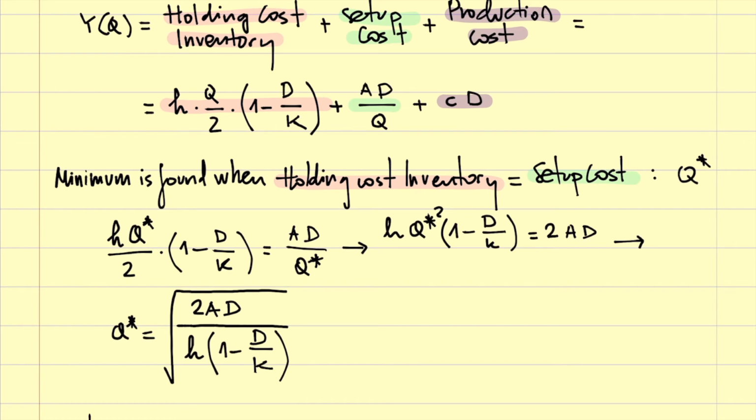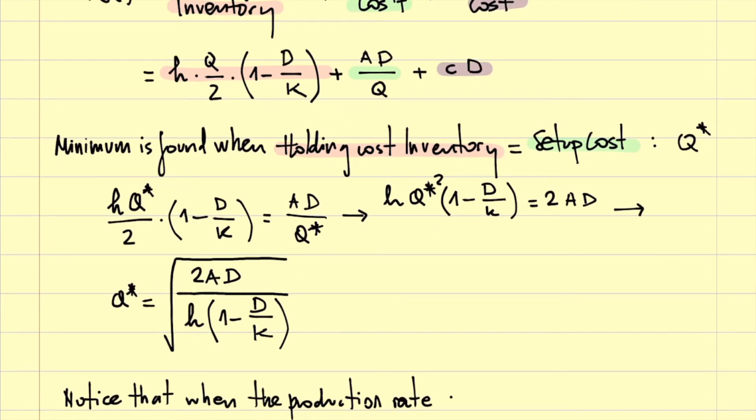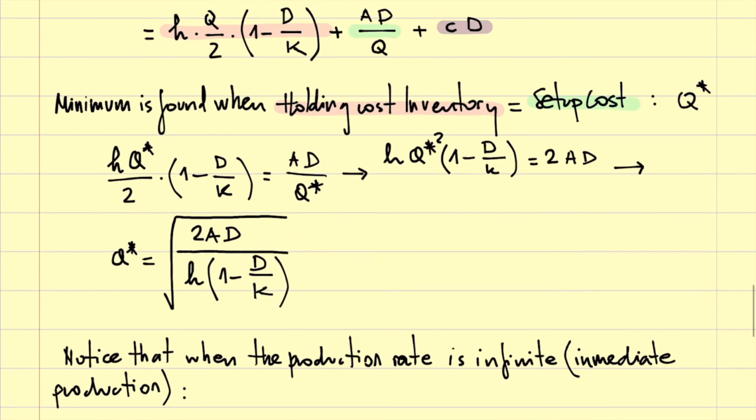so this is the solution. Notice that when the production rate is infinite, so is immediate production, we get the EOQ 1 model.